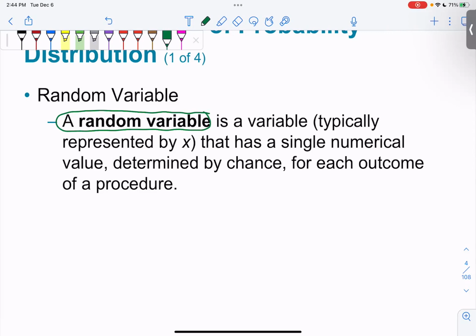So to say random variable, we have to have numbers. So this is one condition, it must be numerical, okay? When I say numerical, I mean it will be either discrete or continuous.